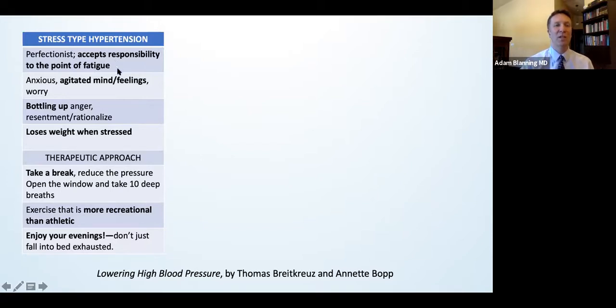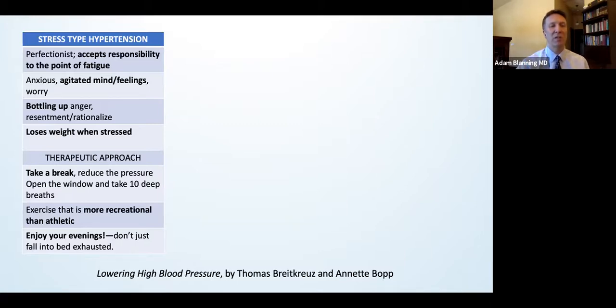For those who have the stress type, these are people who accept responsibility to the point of fatigue. They can be perfectionists. They very often experience anxiety, worry, and can have agitated feelings, an agitated mind, where it's very hard to let go of things.